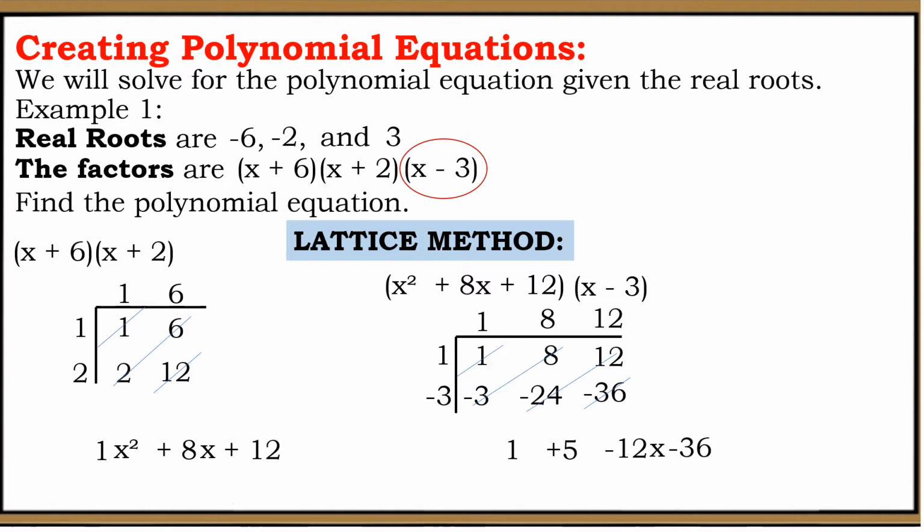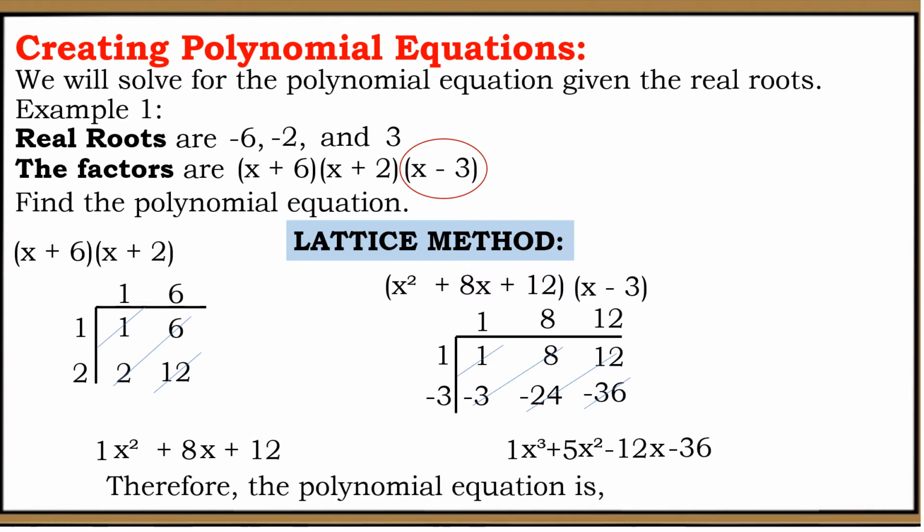Negative 12 is the numerical coefficient of x. 5 is the numerical coefficient of x squared, and 1 is the numerical coefficient of x cubed. Therefore, the polynomial equation is x cubed plus 5x squared minus 12x minus 36. Mas madaling mag-multiply using the lattice method kesa doon sa traditional multiplication natin na long method.